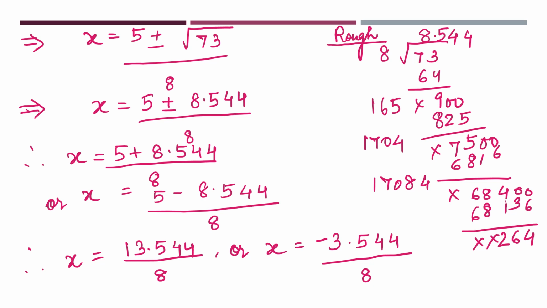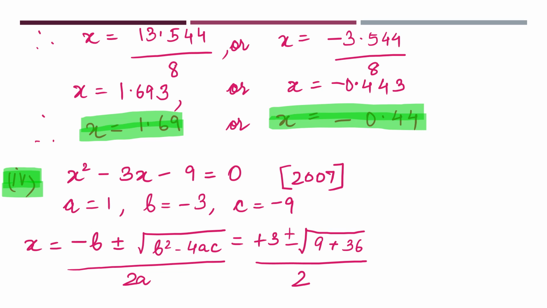Therefore, x is equal to 5 plus 8.544 upon 8, or x is equal to 5 minus 8.544 upon 8. x is equal to 13.544 upon 8, or x is equal to minus 3.544 upon 8, that is x is equal to 1.693, or x is equal to minus 0.443.